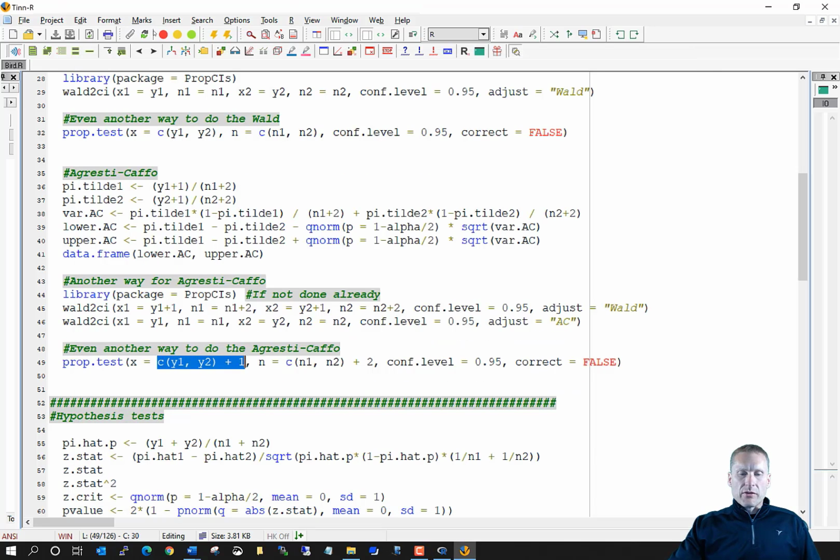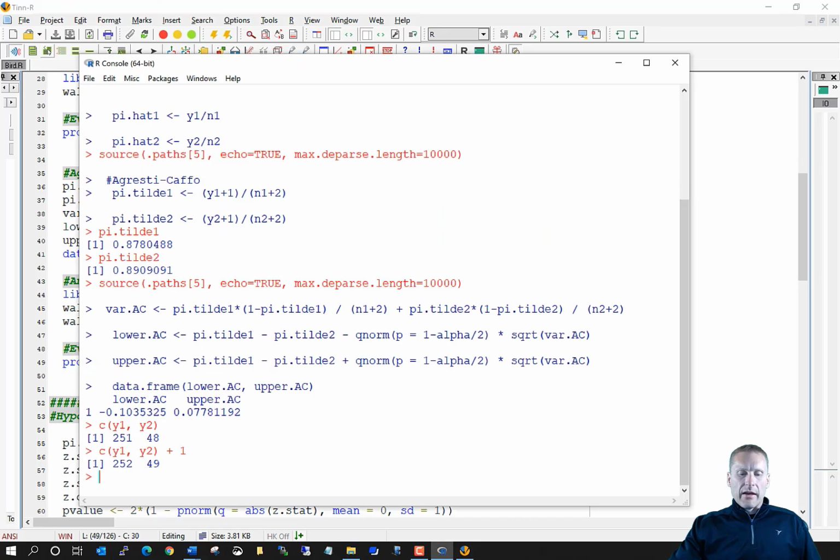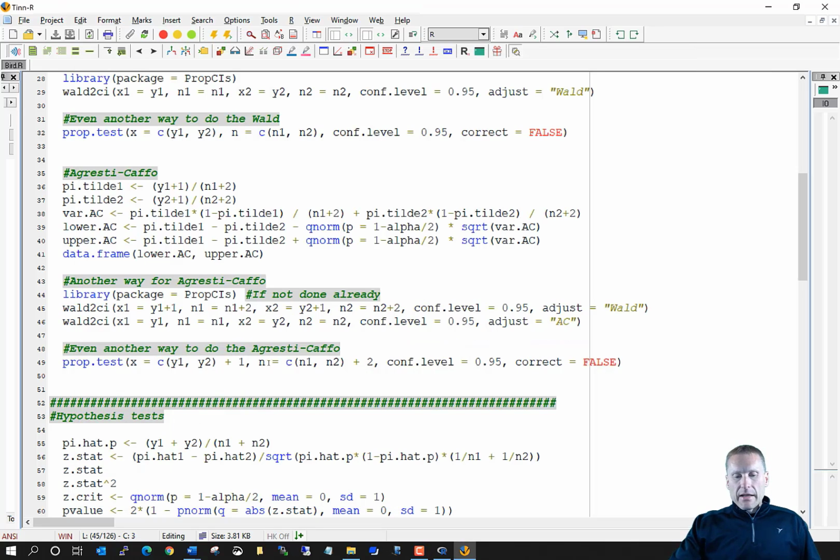And indeed, we're adding 1. Again, this takes advantage of how R nicely does its calculations. It adds 1 to both components of this vector. For the n component, we combine the n's and add 2. We use conf.level equal 0.95. And then we also say correct equal false.